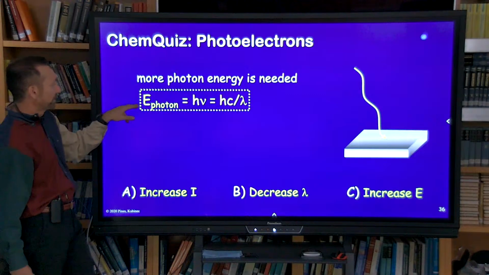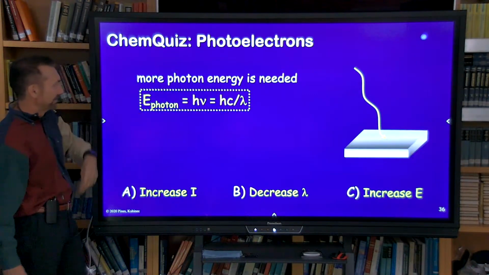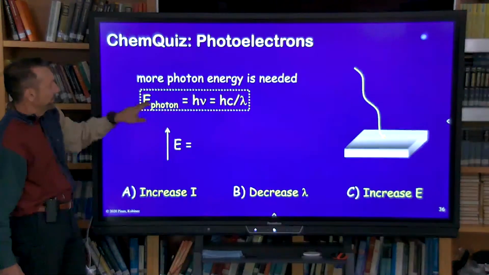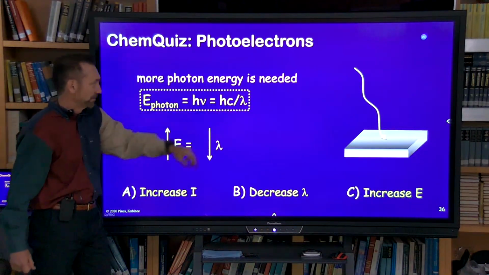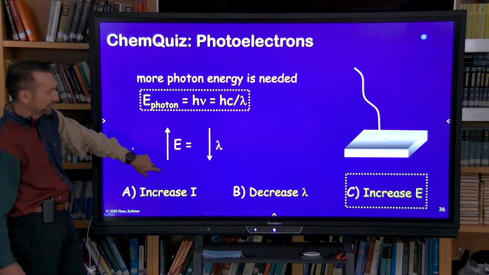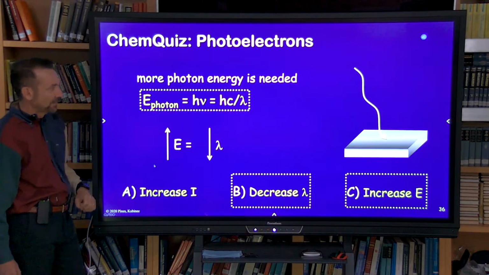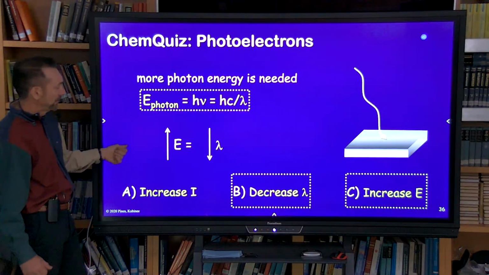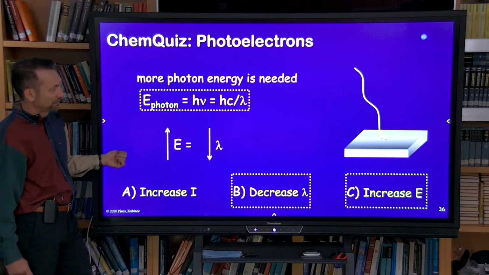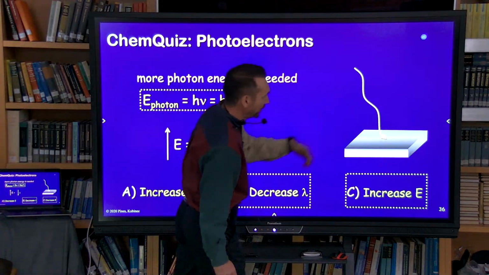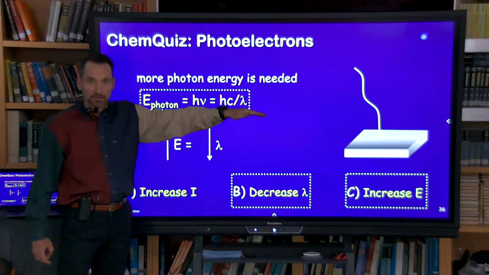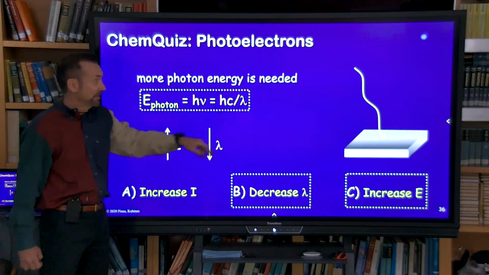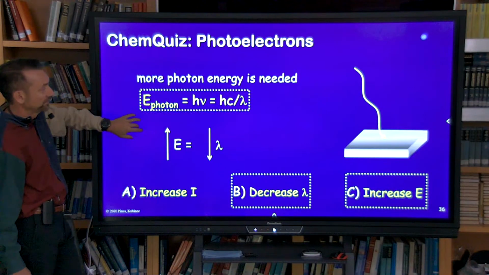That gives you the relationship between the wavelength and the energy. To get more energy, I have to decrease the wavelength, inversely proportional. But both of those are there. So increase energy and decrease wavelength are both correct here. So from yellow, I should go up to red or green or blue, higher frequency, to get that electron to eject.